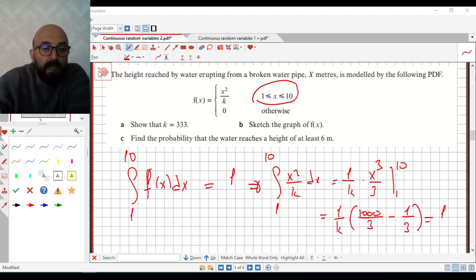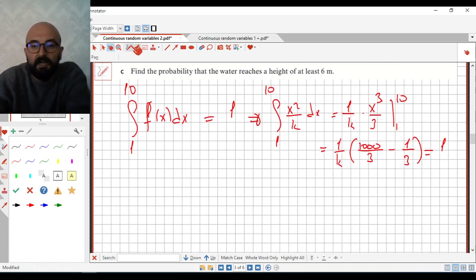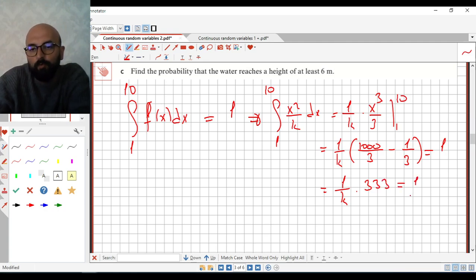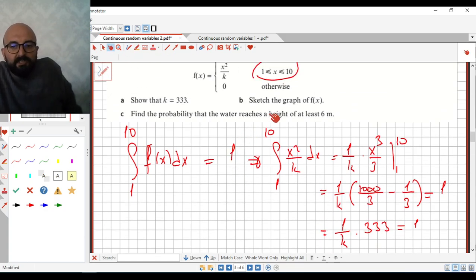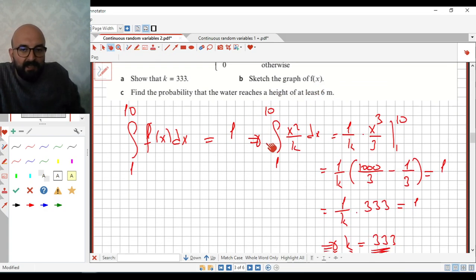And it becomes 1 over k times 333 equals 1, and k should be 333.